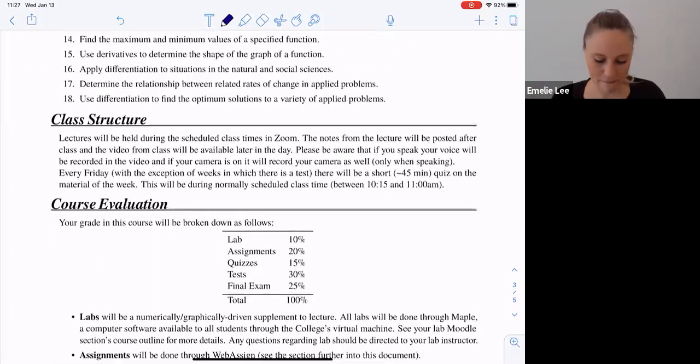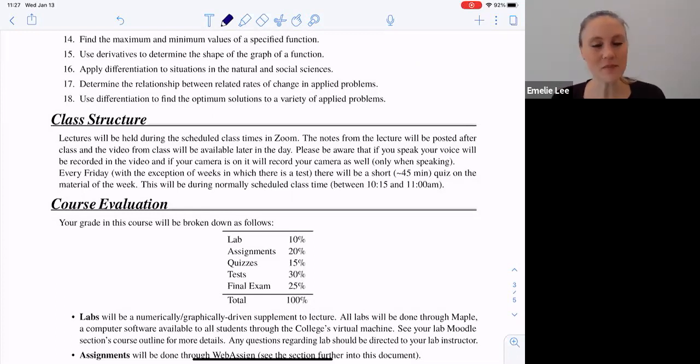So, I put a note about the class structure just because with online, everyone's kind of doing their own thing. So I just wanted you to know how we'll be doing things. We'll have lectures during class time here in Zoom, just like we're doing now.